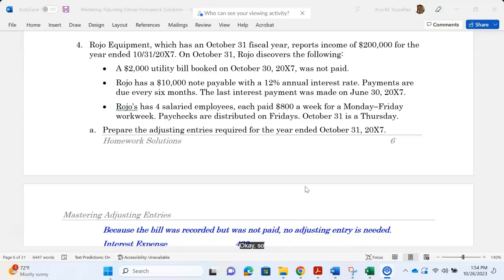Okay, so $10,000, 12%. Payments are due every 6 months. The last interest payment was on June. So 6 months, nothing has been paid yet, but you have to recognize it, right? Because it's incurred.